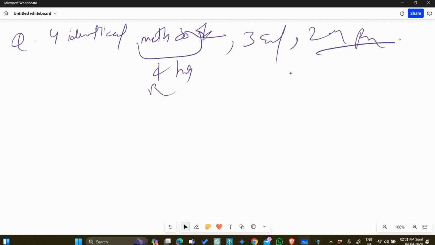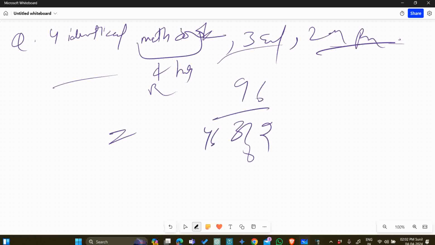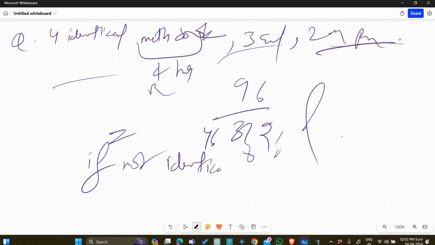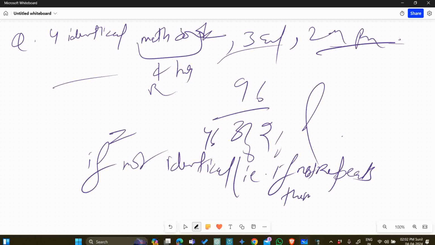Total arrangements would be 9 factorial upon 4 factorial, 3 factorial, and 2 factorial. This would be the answer here. If not identical, if they do not repeat themselves, then 9 factorial would be the answer.